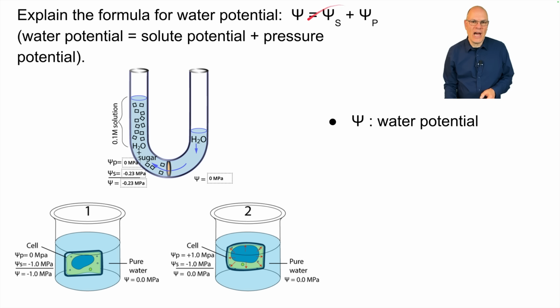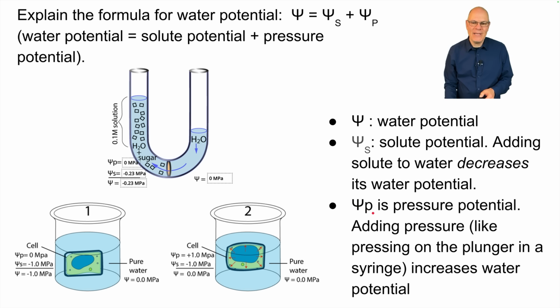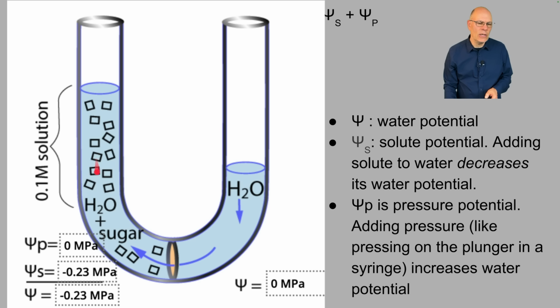So psi is water potential, psi sub s is solute potential. And remember that adding solute to water decreases its water potential. Psi p is pressure potential, and adding pressure, like if you pressed on a syringe, that increases water potential. So let's look at these two examples over here. So we've added solute to this side of the U-tube.